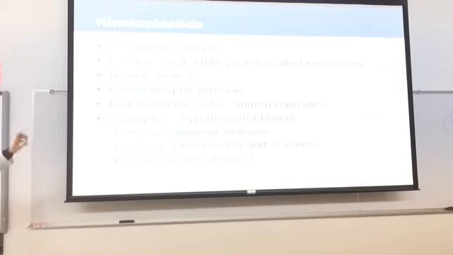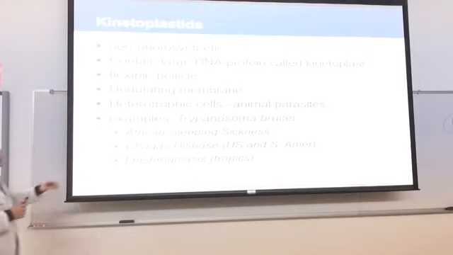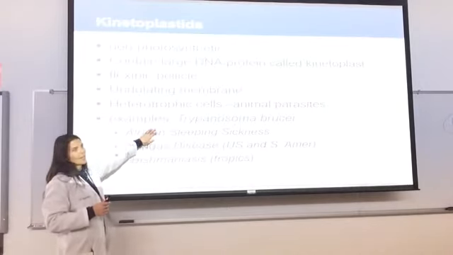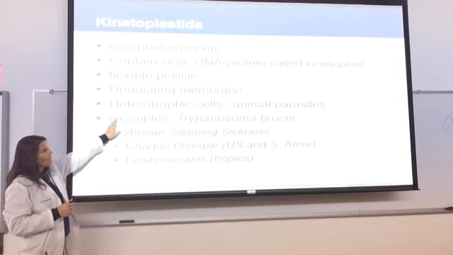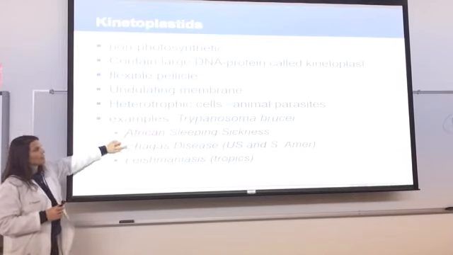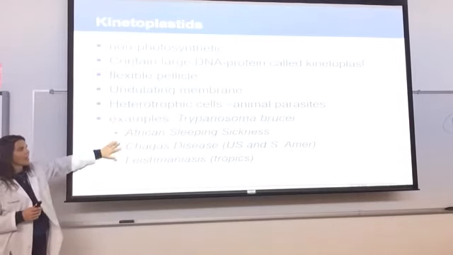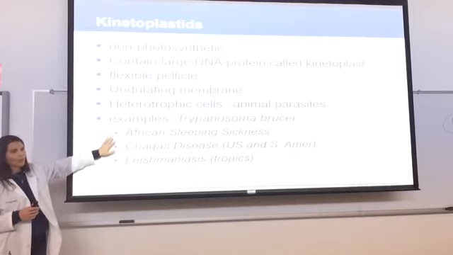This extension or modification is just a large genetic protein, so DNA protein. Again, I'll show you a diagram. They use an undulating membrane to move. These are heterotrophic cells, and most of these are what we reference as animal parasites. Trypanosoma is an example of a kinetoplastid, but here it is in different parts of the world. This is the same sickness, just in different parts of the world.